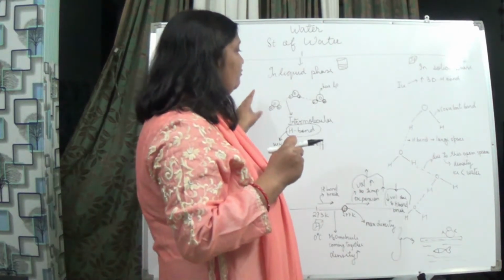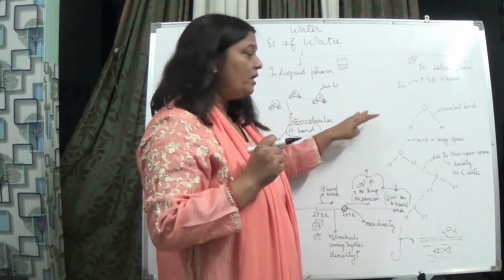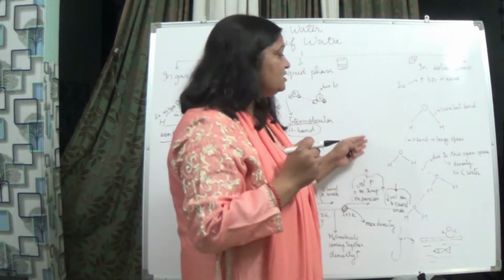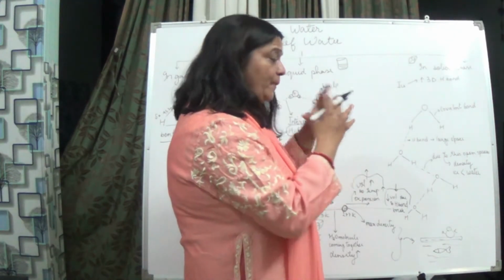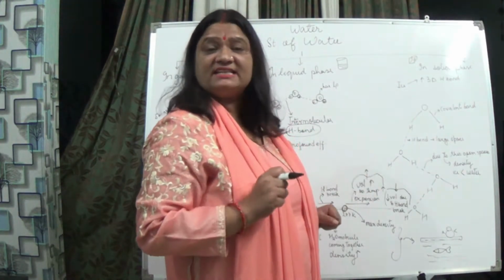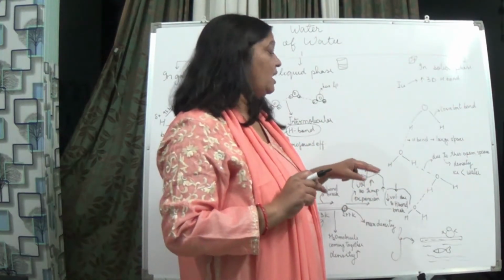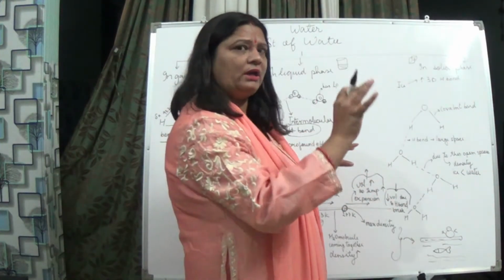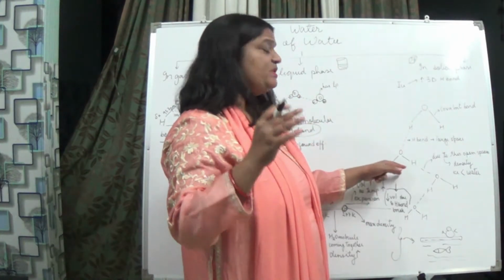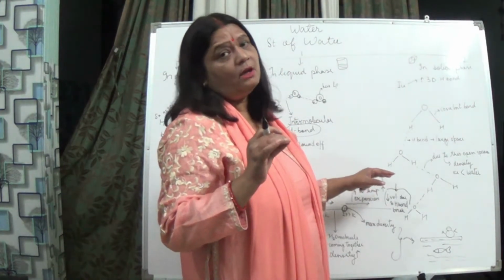In liquid we saw that the space was less, but in solid the space in this hydrogen bonding is more, and due to these open spaces the density of ice becomes less than water. This whole structure gives ice a cage-like structure with spaces in between due to the big space of hydrogen bond formation, thereby giving ice a lesser density than water.